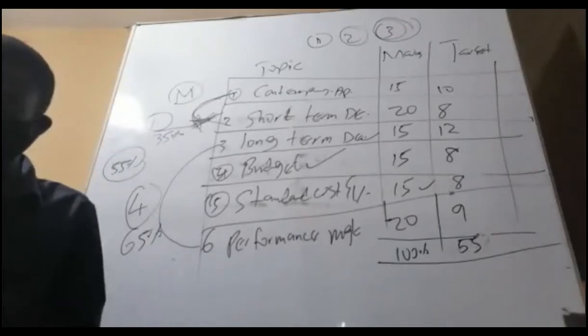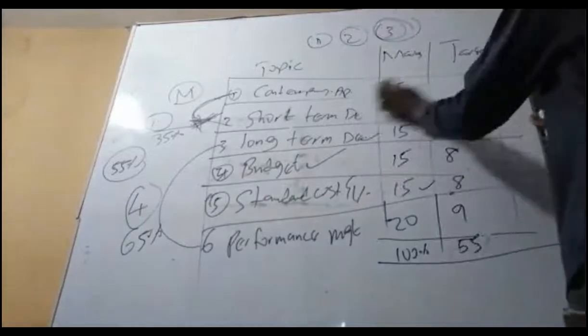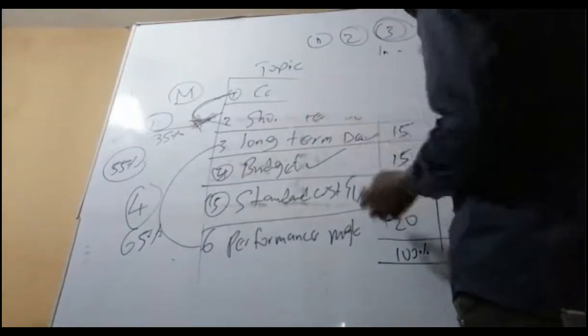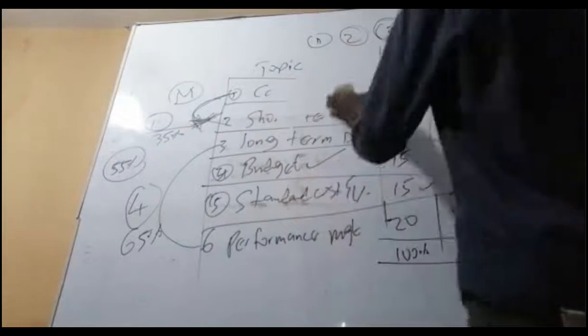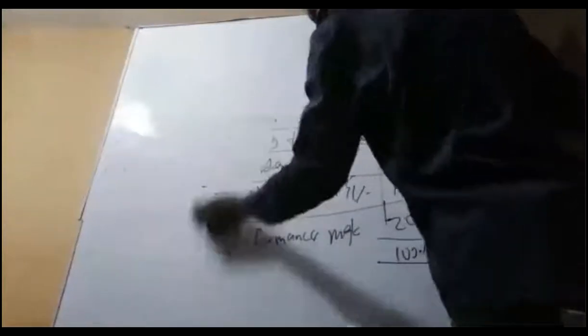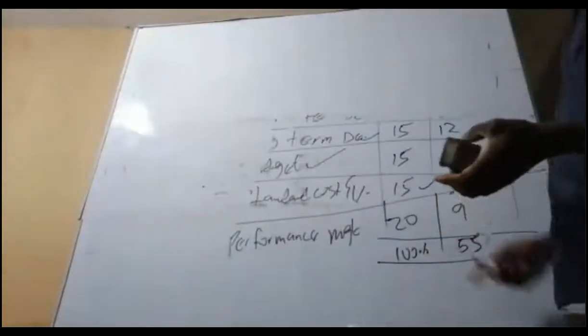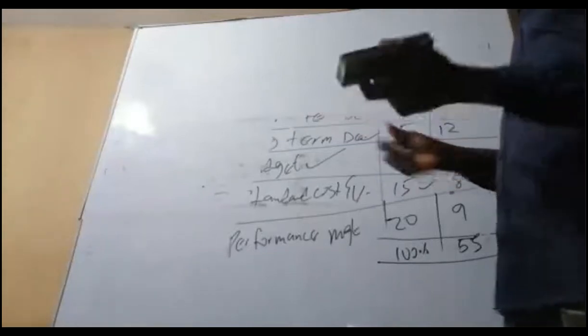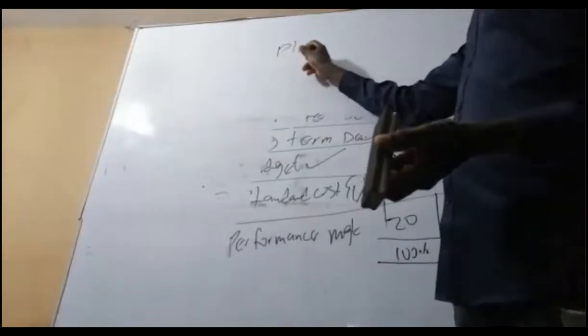Now let's go to the detailed syllabus or the detailed version. Start 1, 2, 3 in that order. That's today's edition. Then we look at a basic concept. We said that the topics are grouped under what? Planning, right?